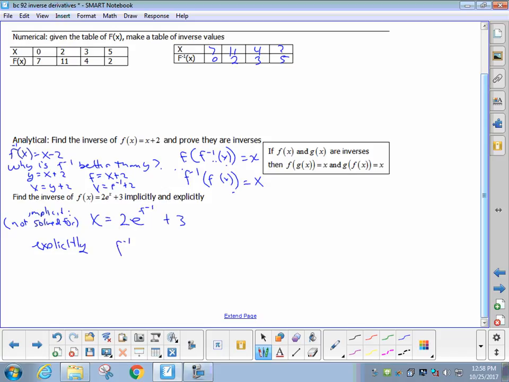F inverse is x minus 3 over 2. Okay? Do you all concur?